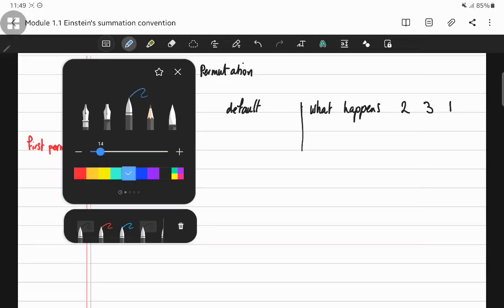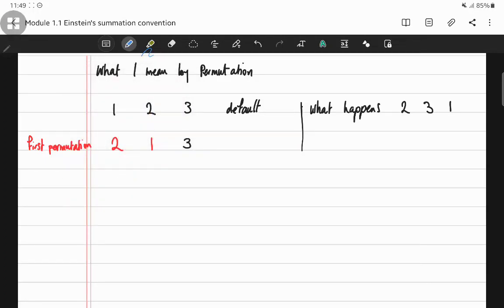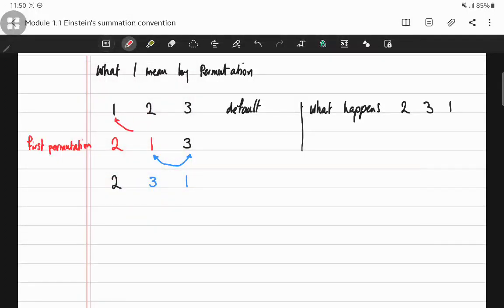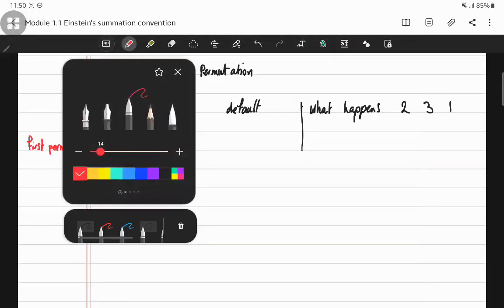In the second permutation, you have this 2 here, so it will remain as it is, and you swap 3 and 1. So this is 3 and this is 1. We swapped this with this, and here we swapped this and this.